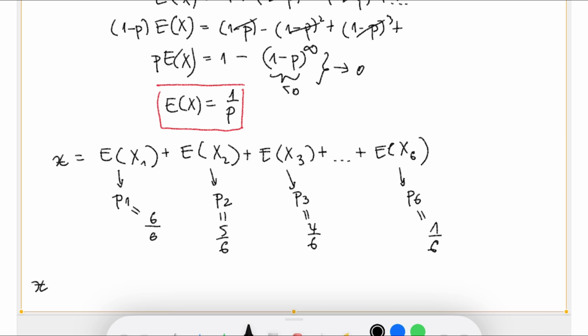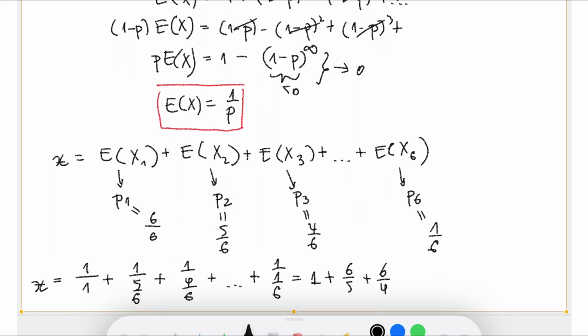Now we can write that EX1 is 1 over 1, EX2 is 1 over 5 over 6, EX3 is 1 over 4 over 6, and so on until 1 over 6. And that will be 1 plus 6 over 5 plus 6 over 4 plus 6 over 3 plus 6 over 2 plus 6 over 1.